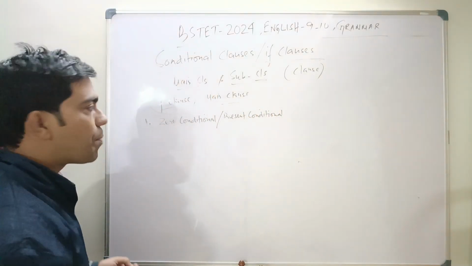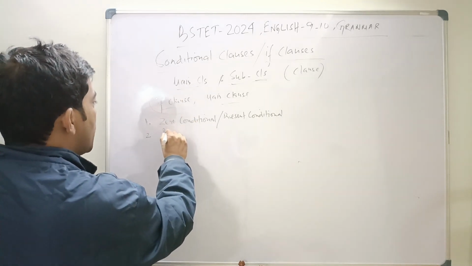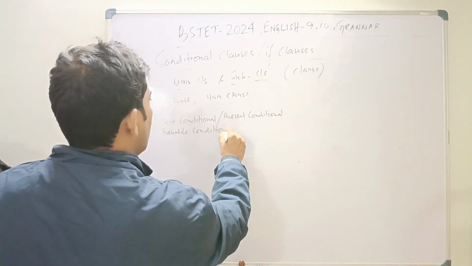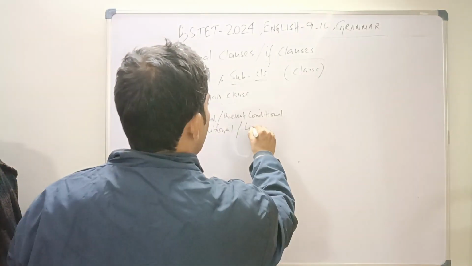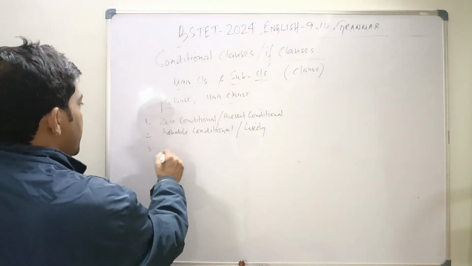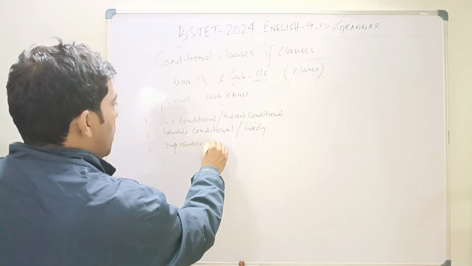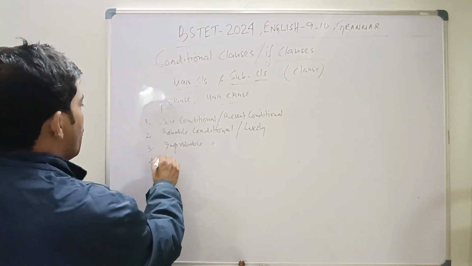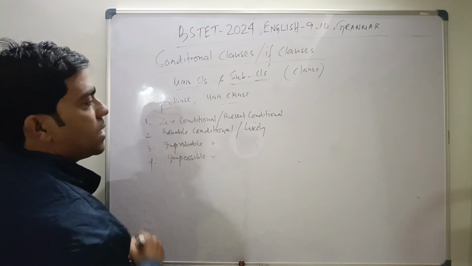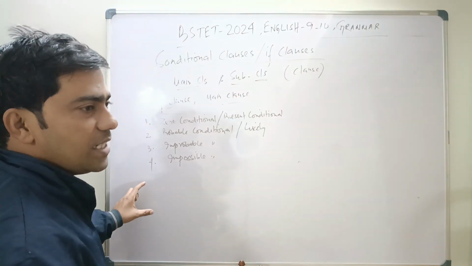Number 2 is probable conditional, or likely conditional. Number 3, improbable conditional. Number 4, impossible conditional.